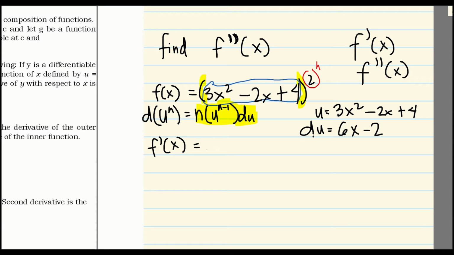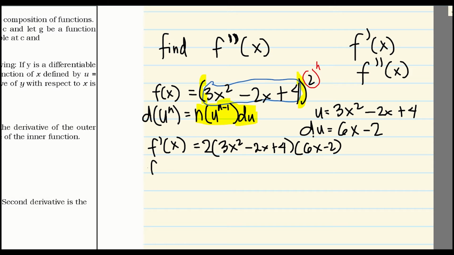We have 2 times u, where u is 3x squared minus 2x plus 4, times du, which is 6x minus 2. Okay, that is our first derivative already. You have here the first derivative.